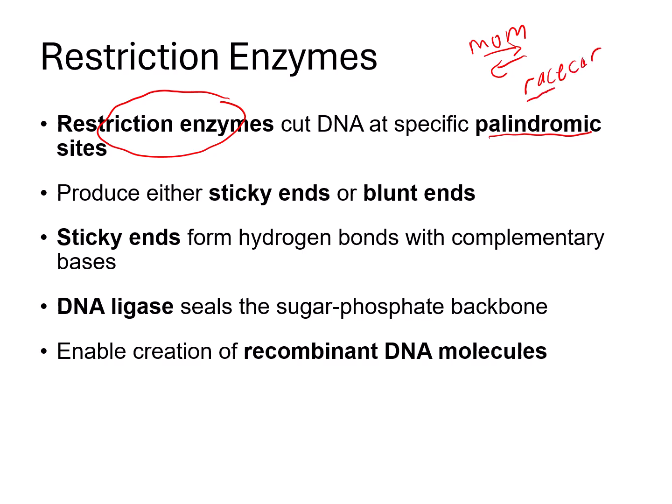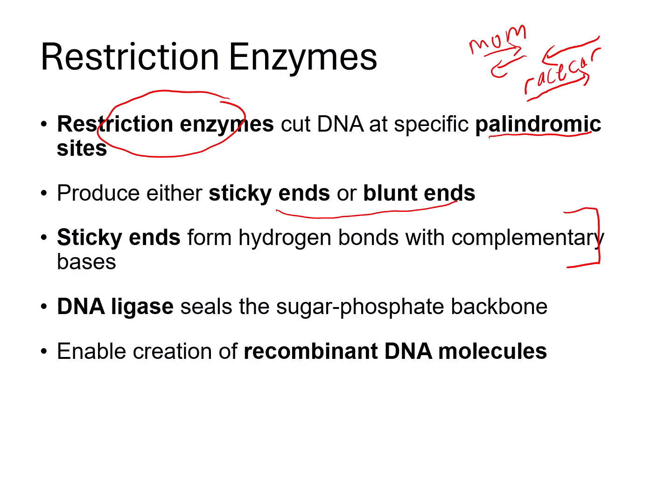If you spell it this way or going backwards, it's spelled the same. When they cut DNA at specific palindromic sequences, these restriction enzymes will create either sticky ends or blunt ends. Sticky ends have exposed bases that can hydrogen bond with their complementary sequences, and blunt ends will not have any exposed bases.